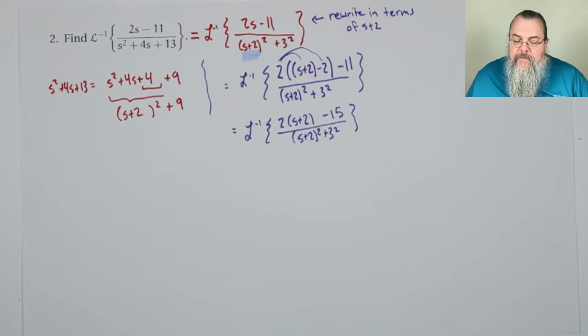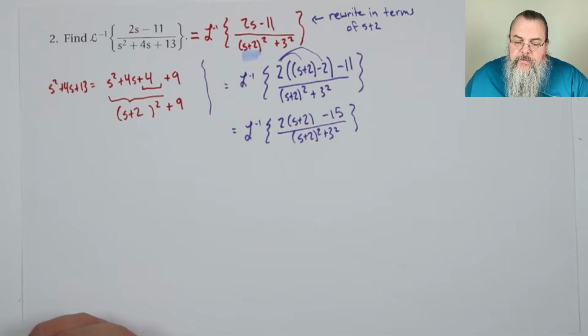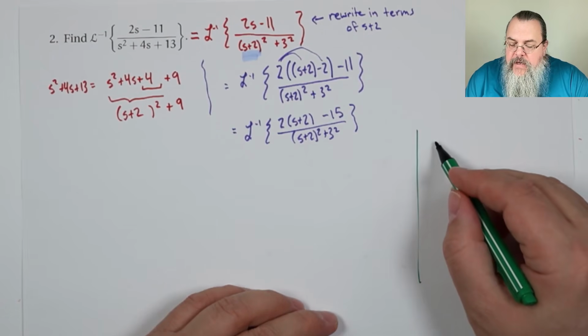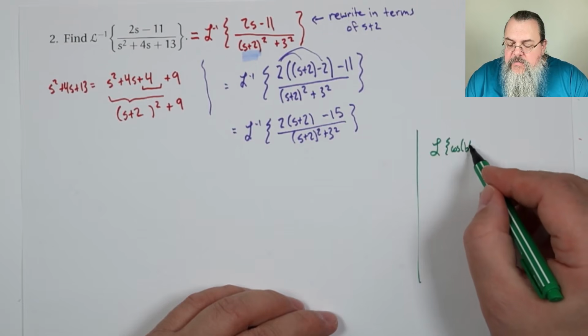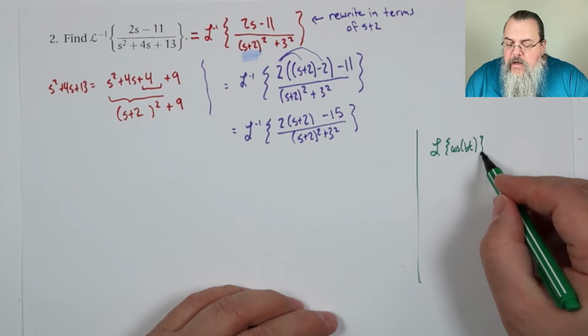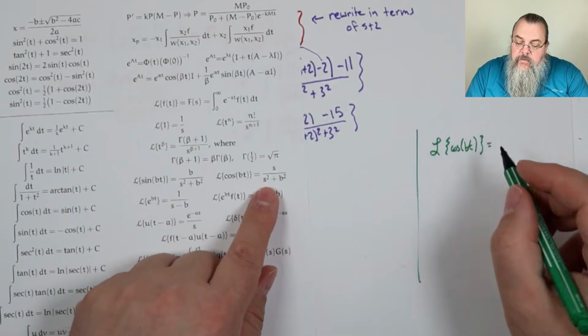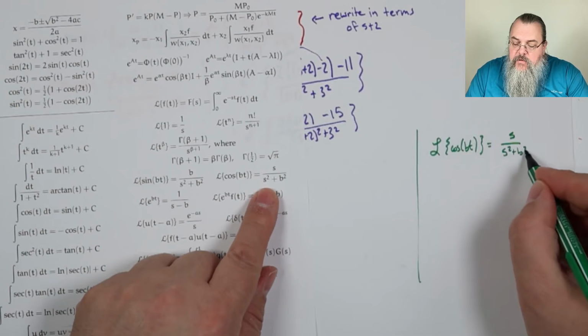Well, now that we have this, we're going to split this into two parts. And for reference, let's write down our rules. We have that the Laplace of cosine of bt, and I have to double check, so I pull my formula sheet, is s over s squared plus b squared.